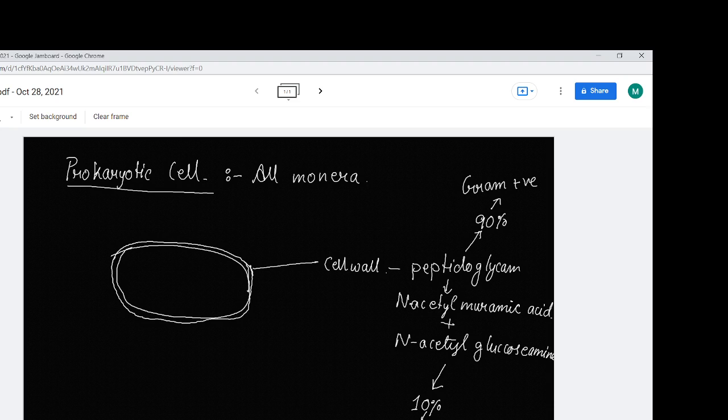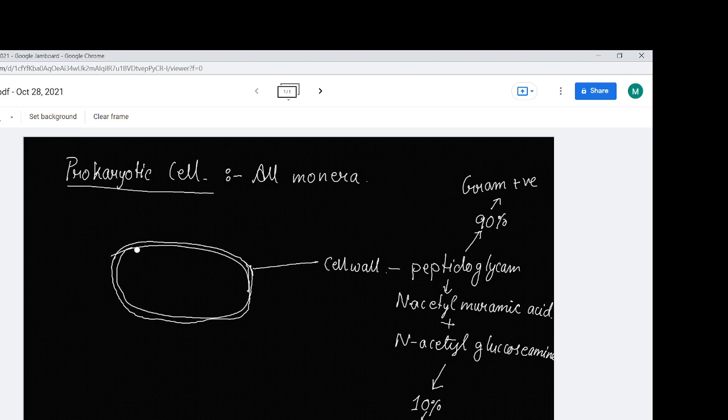So it has been observed that those who have more peptidoglycan are able to take up more stain, and then they will be called gram positive, and those who are not able to take up the stain have less peptidoglycan in their cell wall.